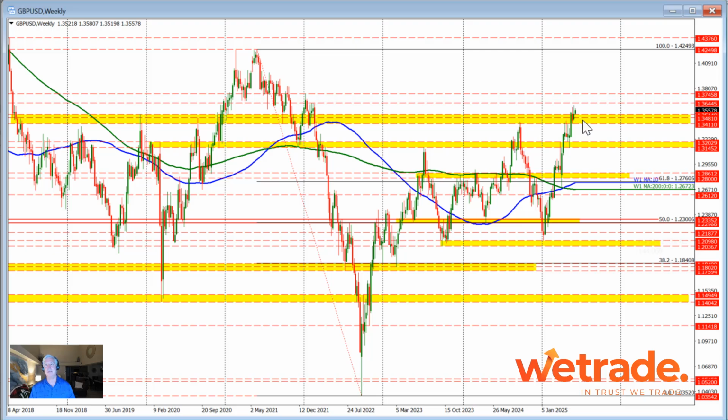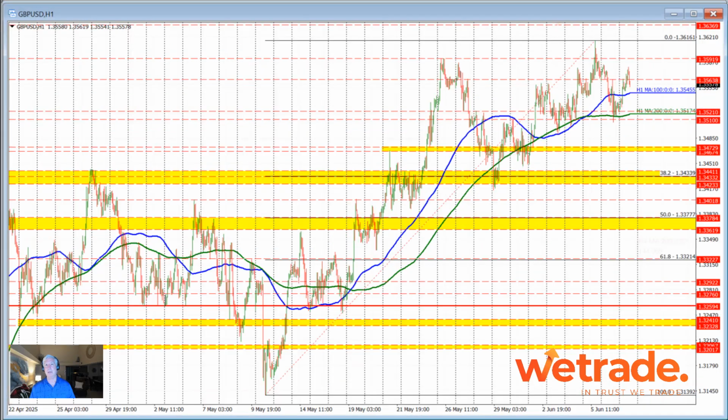So the price did fall away from that level, but going back to our hourly chart, you can see how the momentum took the price lower on Friday into those moving averages, and then we closed in between the 100 and 200-hour moving average. And trading here today, the price did try to move a little bit lower early on, but could not get anywhere close to the 200-hour moving average. Rotated back above the 100-hour moving average, and that gave the buyers the go-ahead to push to the upside, and they did.